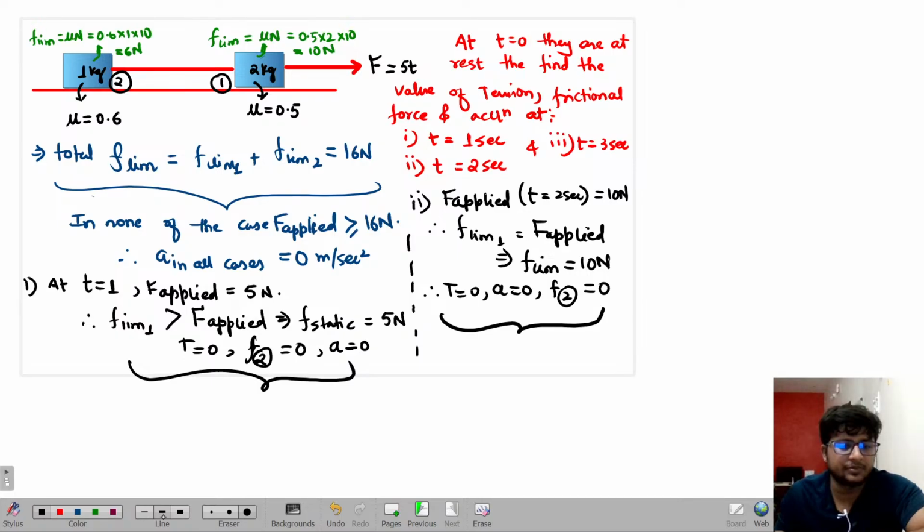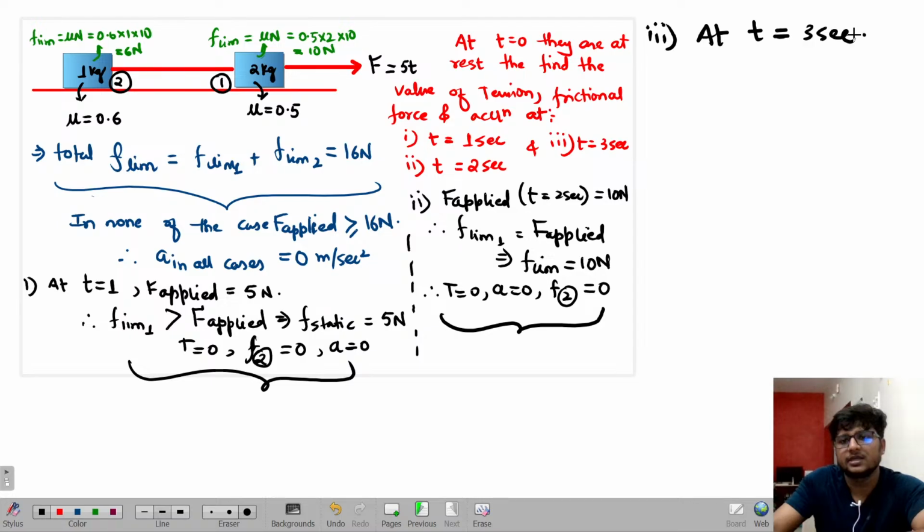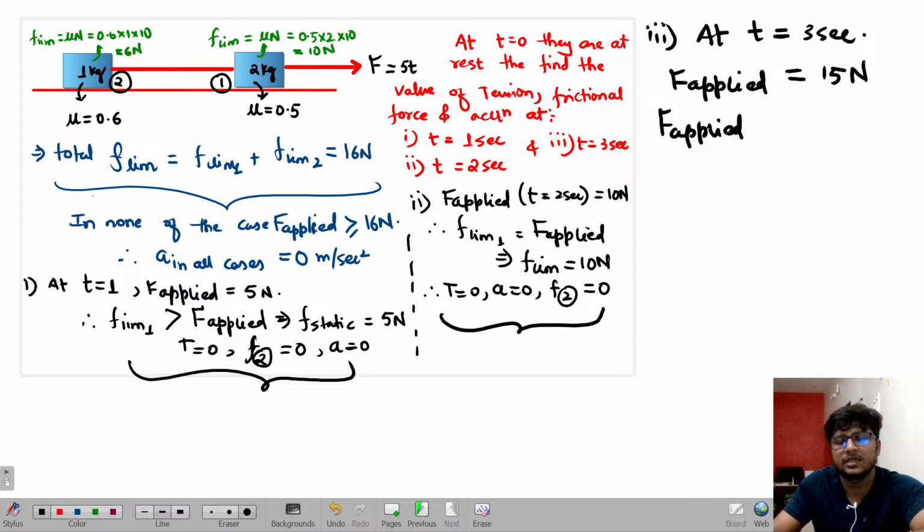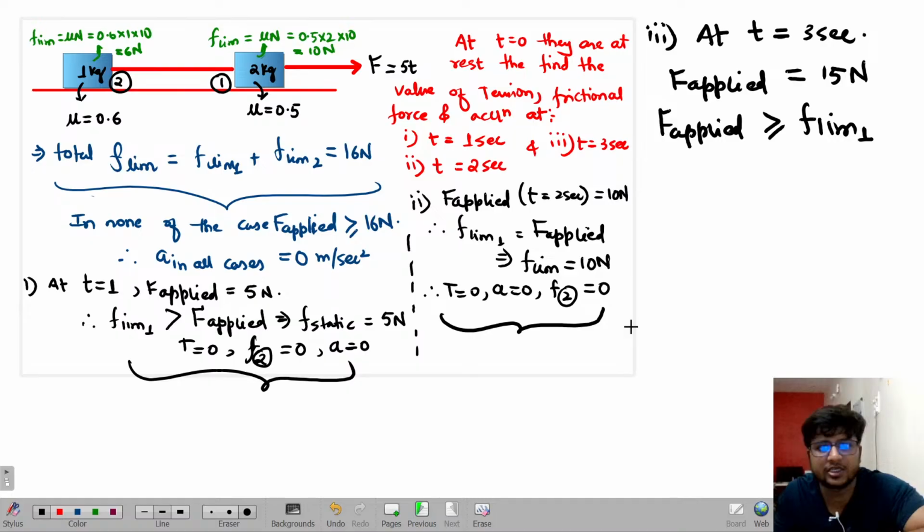Now, go to the third part. At t is equal to 3 seconds, what will happen? F applied is equal to 15 Newton. But this F applied is more than my limiting friction of the first block or not? Say something, yes or no?